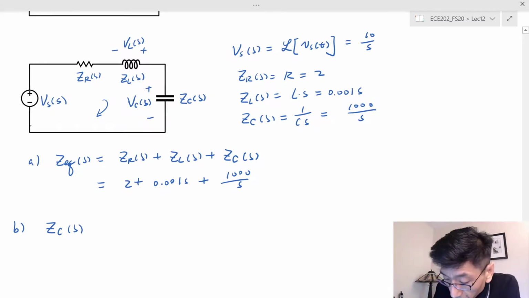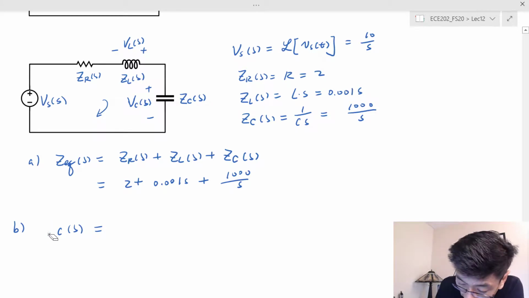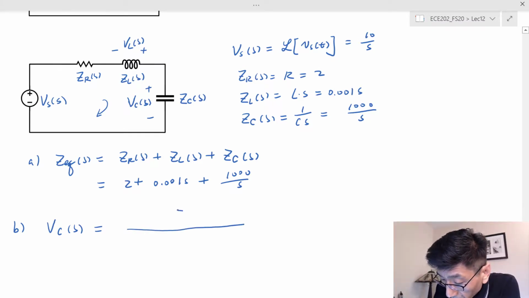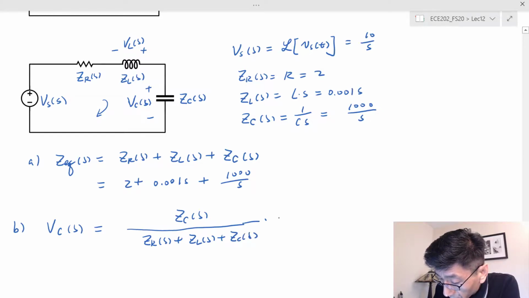So in this case we just use, oops, I wrote Z sub C. V sub C of S should be equal to the impedance Z sub C of S divided by Z sub R plus Z sub L plus Z sub C of S, times the total voltage, right?